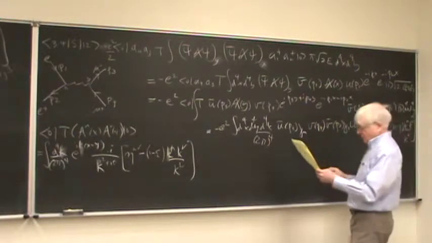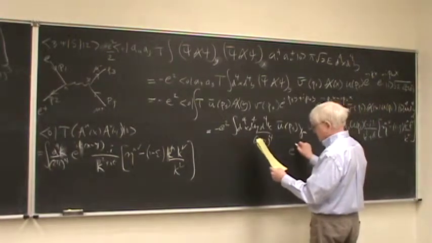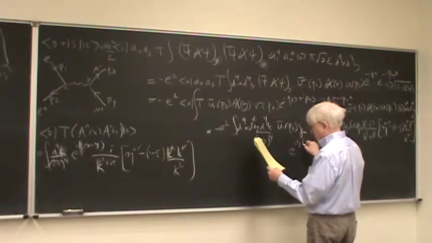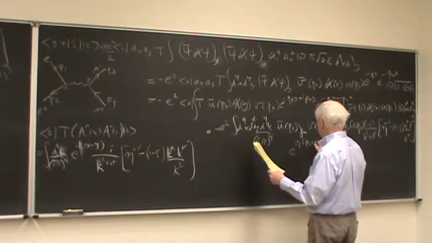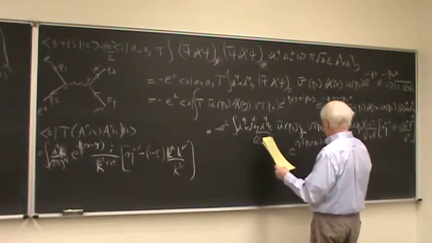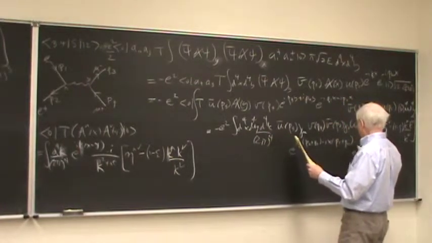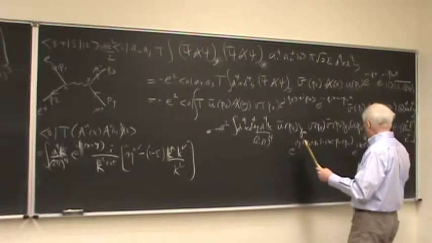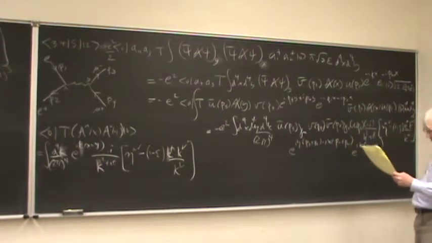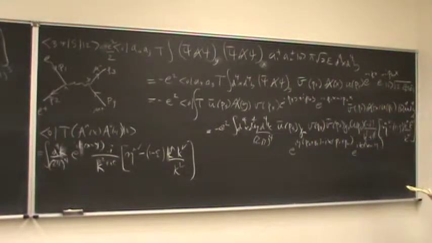And I left out the overall phase factors, it's e to the i y P3 plus P4, minus i x P1 plus P2, e to the i k x minus y. All right, I think I've got everything at this point.